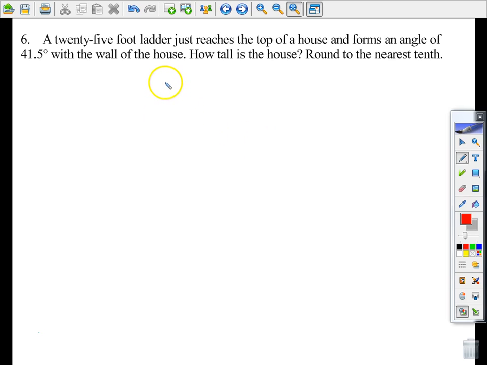Okay, well, if you're going to use a ladder, ladders will lean on the house. Okay, so this line here would be my ladder leaning against the wall of the house. So we're actually asked to find the height of the house, so this is unknown to us. The ladder, which is leaning, is 25 feet.